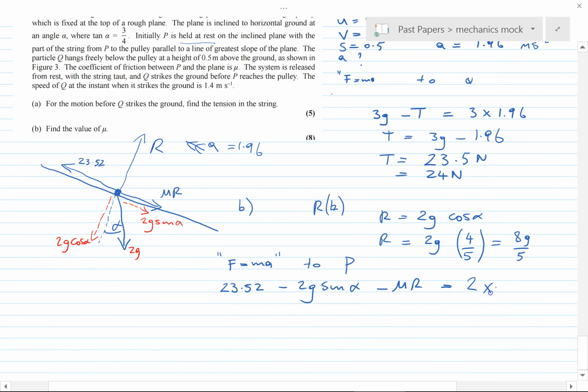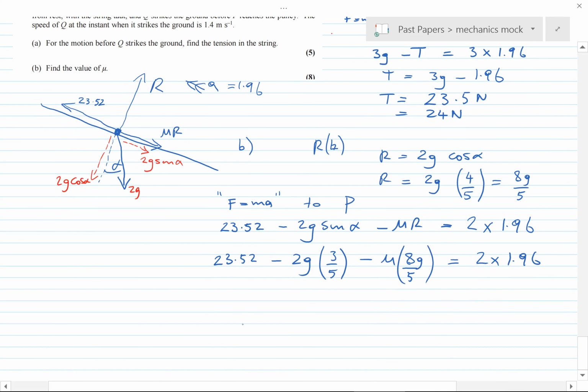So 2 times 1.96. Now I'm going to sub in some values and work with this and hopefully see what happens. So we've got 23.52 minus 2g times 3 over 5, minus mu times 8g over 5, is equal to 2 times 1.96.